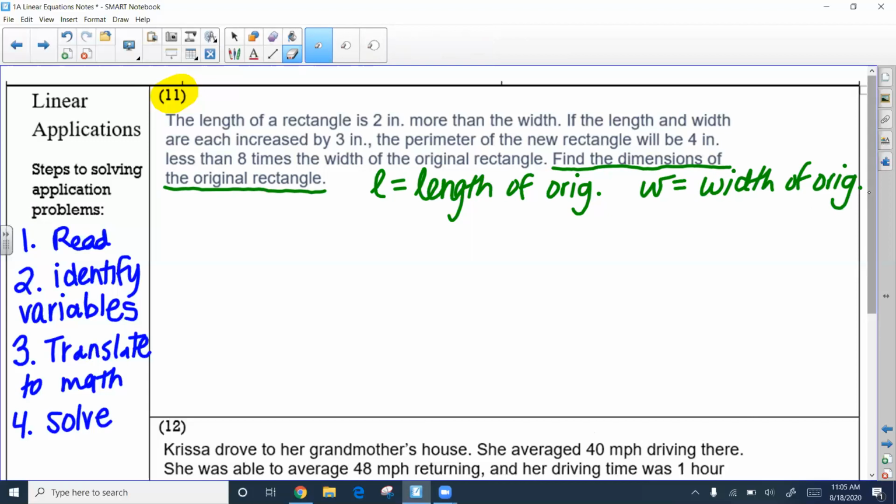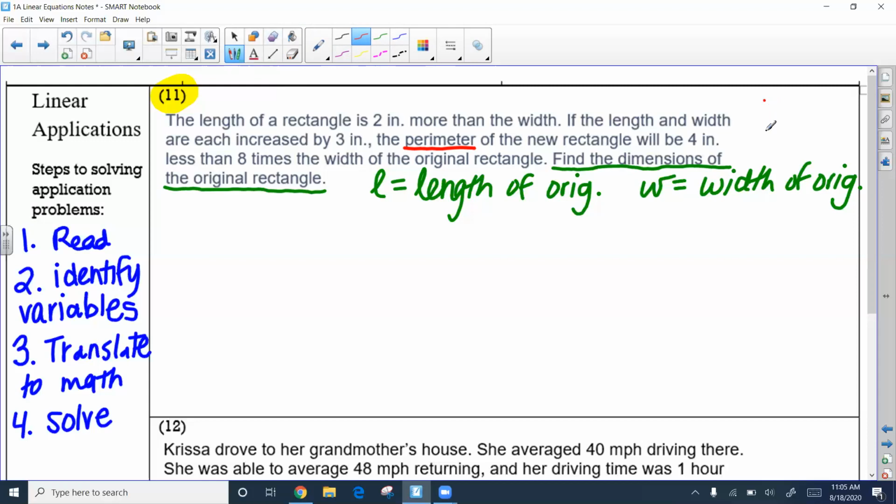Now this one, there's a lot going on here because we have the old rectangle or the original, and then we have the new rectangle. One thing we know though is we're talking about the perimeter. So I do have to have a formula for perimeter.